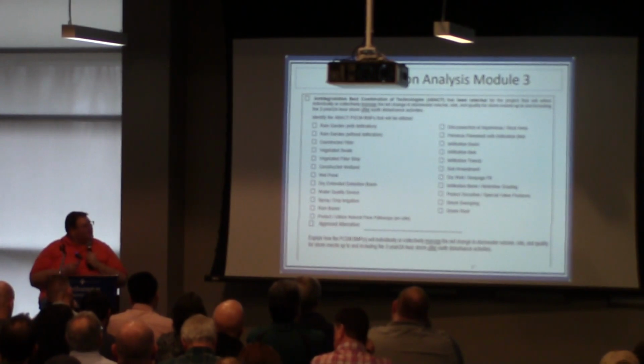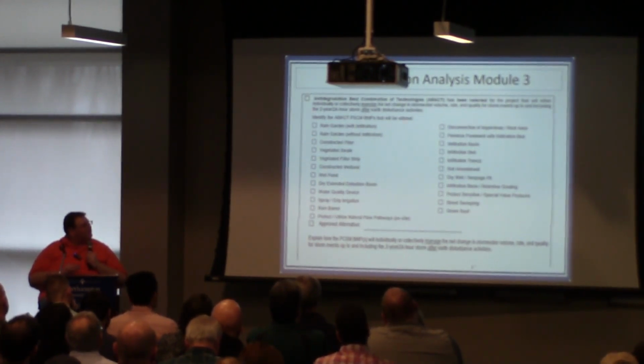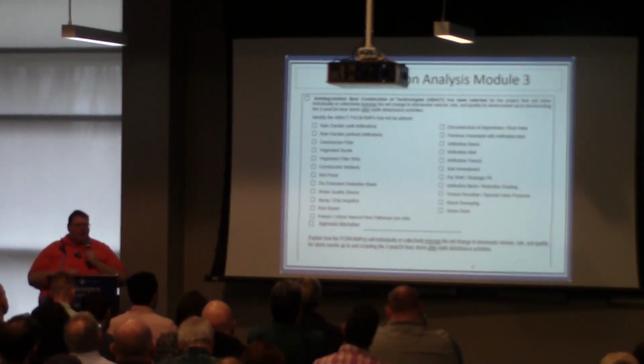So you go through, you identify your BMPs, making sure that they're provided throughout your report, throughout your plan, and so forth, and then again explain how the BMPs will manage the net change up to the 2-year 24-hour storm event.